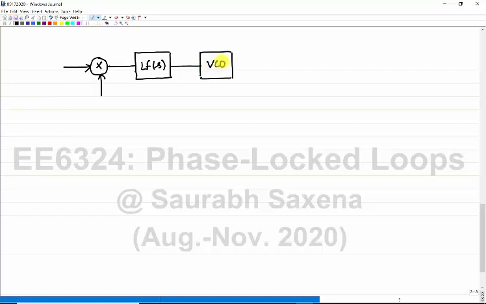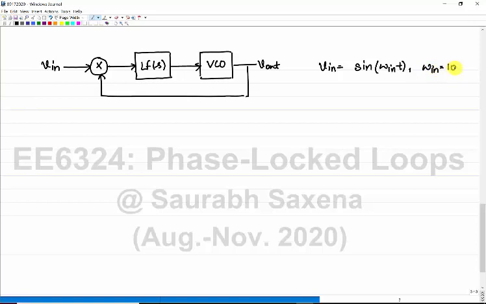Okay, and this is connected in a closed loop feedback. You have V out and this is V in. So now I will write V in as an amplitude of 1 times sine omega in t, where omega in is equal to 1 gigaradians per second. This is just an example.